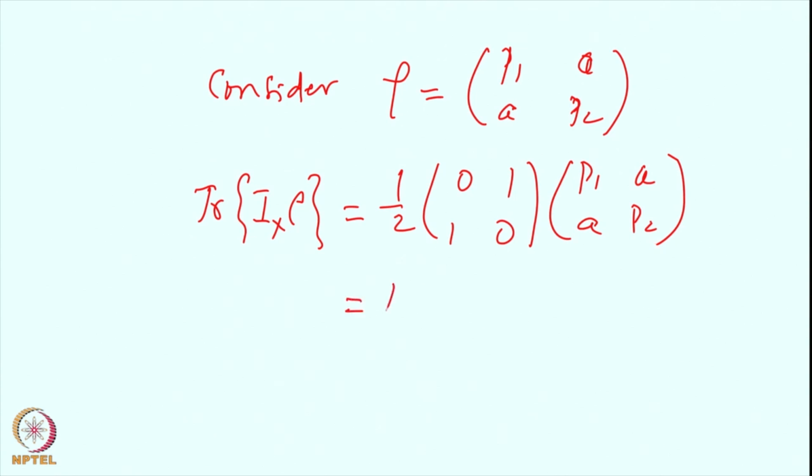So, this will turn out to be half of A P2 P1 A, and the trace is equal to A. Now, you see the trace is non-zero, therefore there is a net X magnetization in this situation. Therefore, the density matrix represents the complete situation about the system. The diagonal elements have the populations, and the off diagonal elements represent transverse magnetization. The same thing will happen for Y as well.